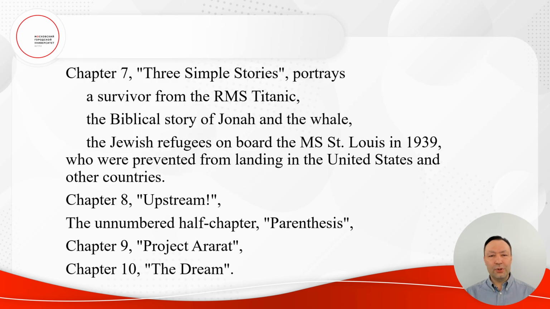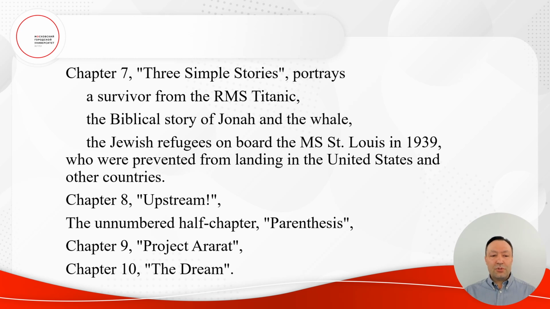First of all, have a look at chapter 7. It's called Three Simple Stories, and it portrays a survivor from His Royal Majesty's ship Titanic, the biblical story of Jonah and the whale, and the Jewish refugees on board the ship St. Louis in 1939, who were prevented from landing in the United States and other countries.